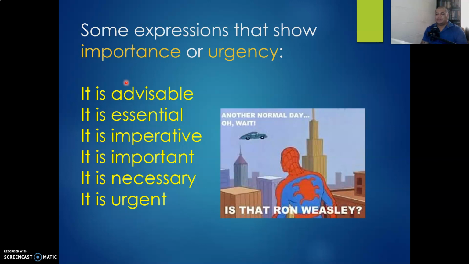Okay? So, I can use noun clauses after this. It is advisable that you eat your vegetables. It is essential that we be given another chance. In this case, I am using the subjunctive mood. That's not a mistake. It is essential that we be given another chance. That is correct, okay? Sometimes we don't use the subjunctive mood, especially because not everybody that speaks English speaks with correct grammar.